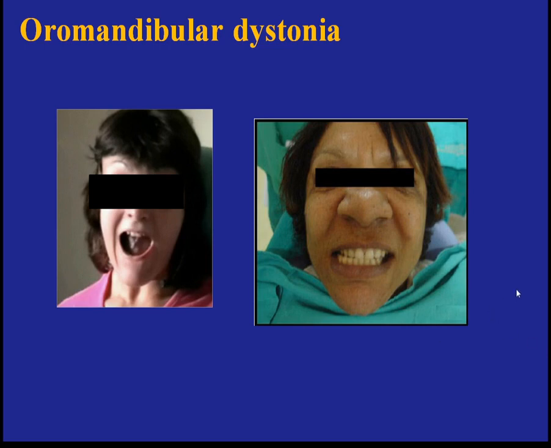I can say that now in these cases the only effective treatment is botulinum toxin, but it is not long-lasting, and we have to repeat injections in spasmodic muscles after 6-9 months, but it's really effective.